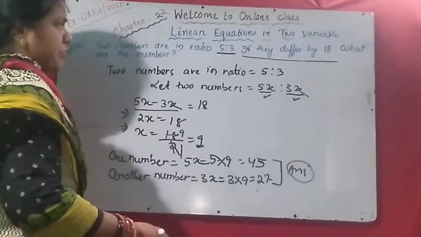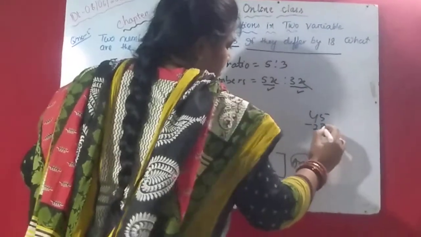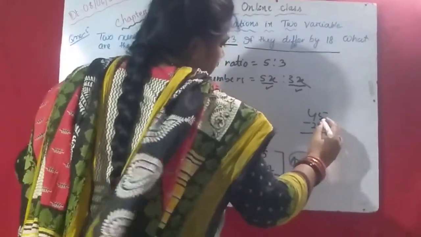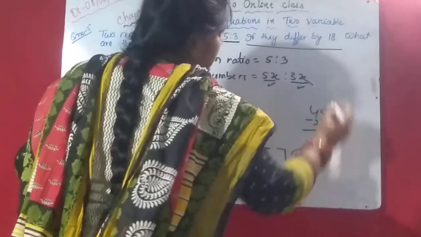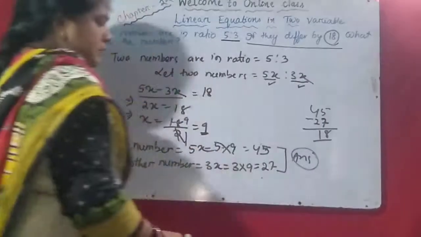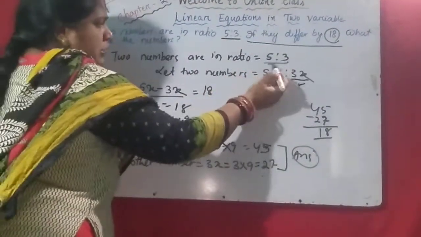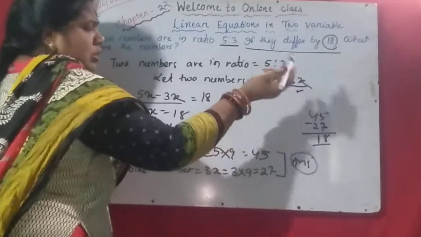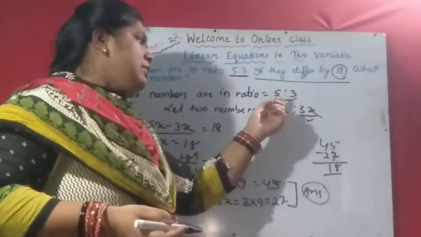If you check their difference, you can subtract: 45 minus 27 is 18. You get 18 difference. So the answer will be 45 and 27. If a ratio is given, you must take 5x and 3x. For any ratio, you will multiply by x with both numbers.